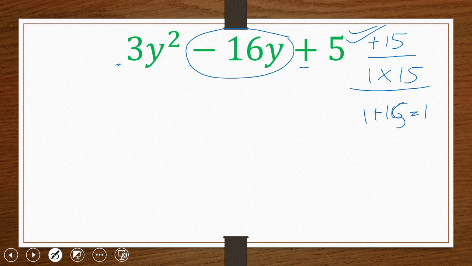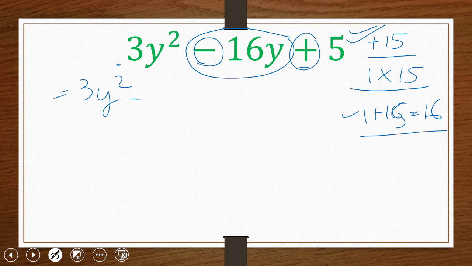So this is the correct factor for this term, but there is a subtract sign. So the mathematical operation is being done plus over here, but there is a subtract sign, so we'll write the term completely in subtraction. Minus 15y minus 1y, or only y.